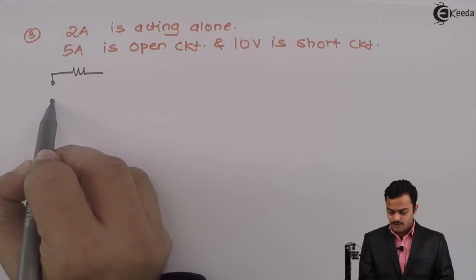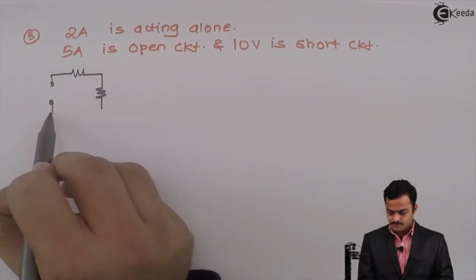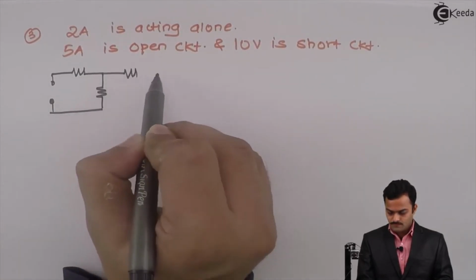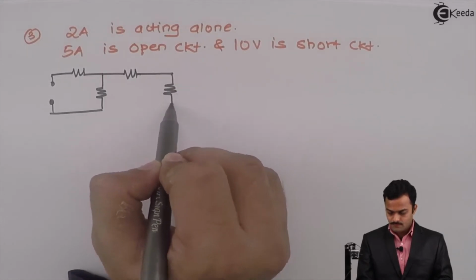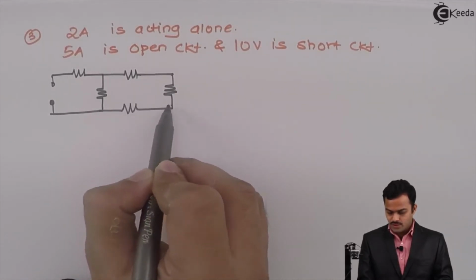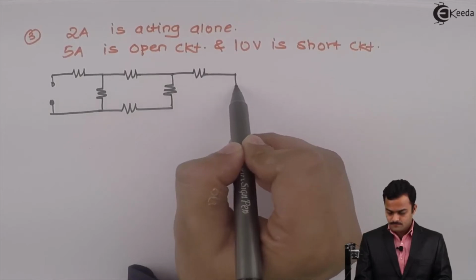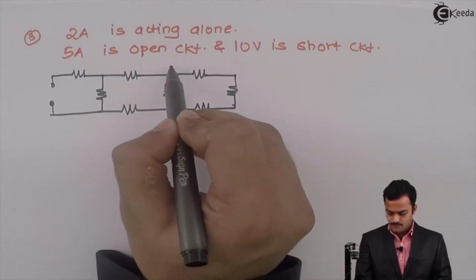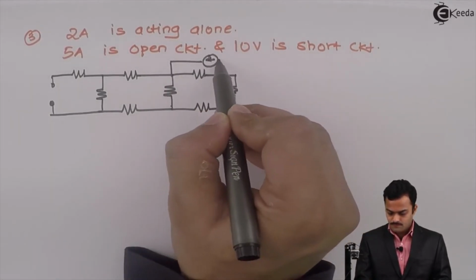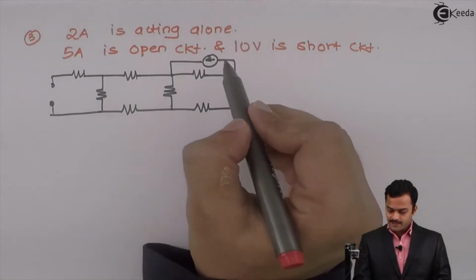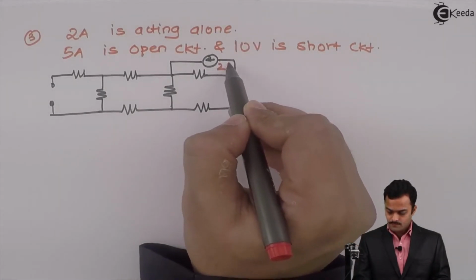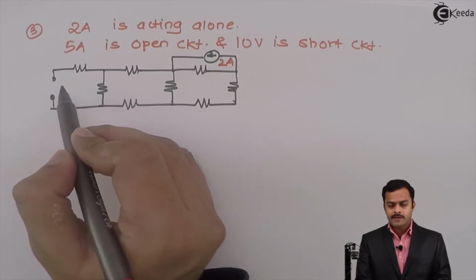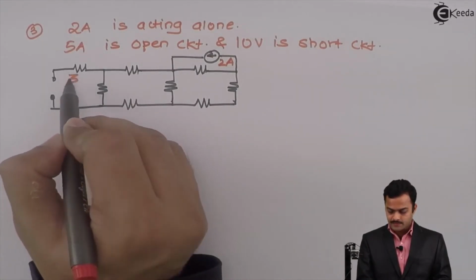5 ampere is open. Ten volt is shorted. So 2 ampere acting alone, and remaining resistances will remain intact.